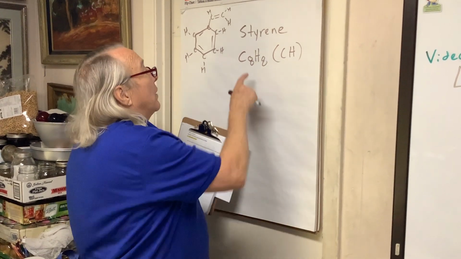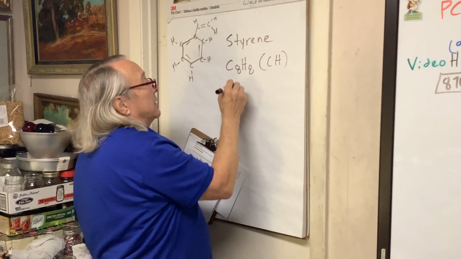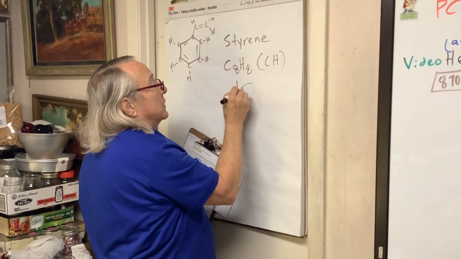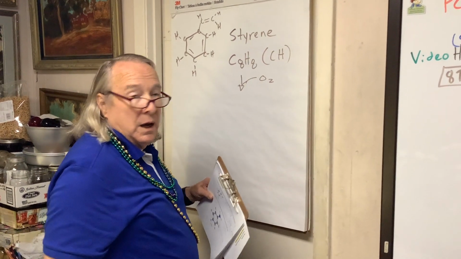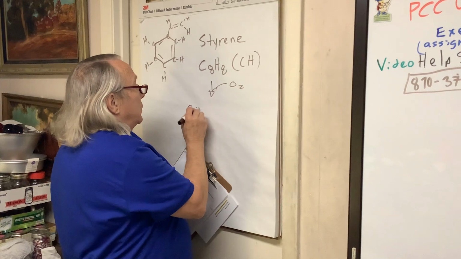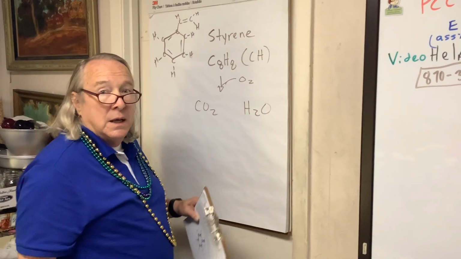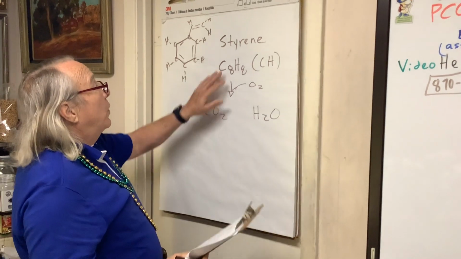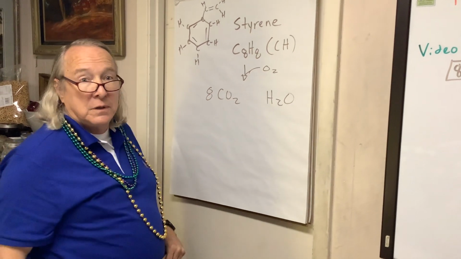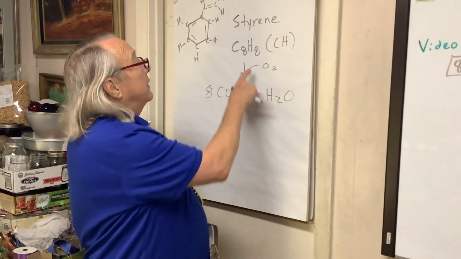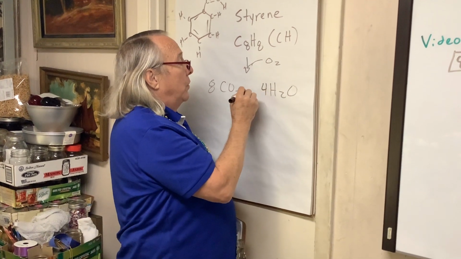But what this means is, for every mole of styrene, when I combust this with excess oxygen, I'm going to burn this and make CO2 and water. And for every one of these, I'm going to make 8 of these. And for every 2 hydrogens, I'm going to make a water. So I'm going to make 4 water.